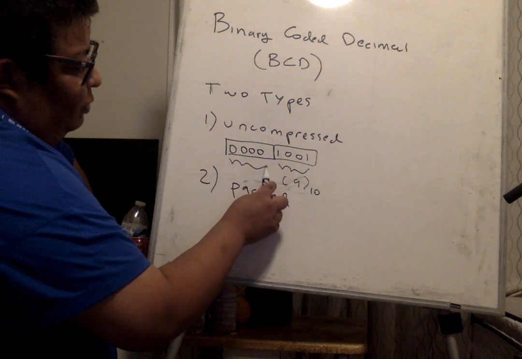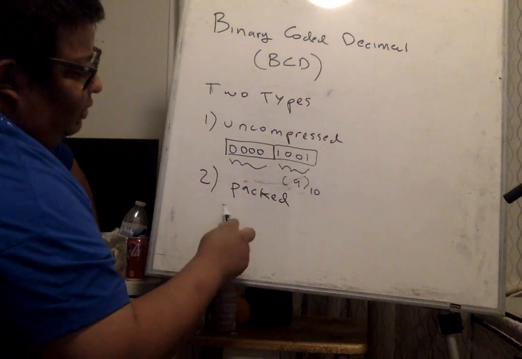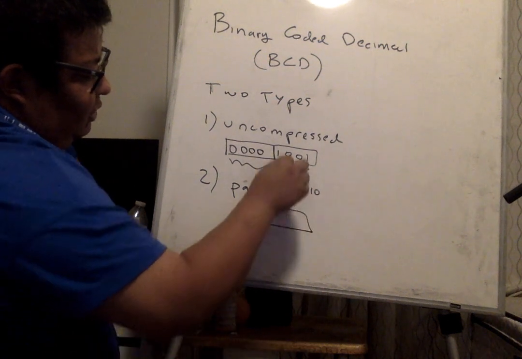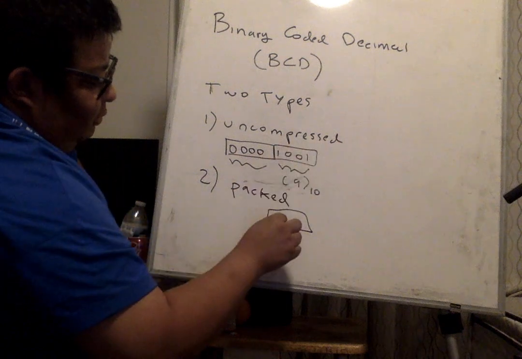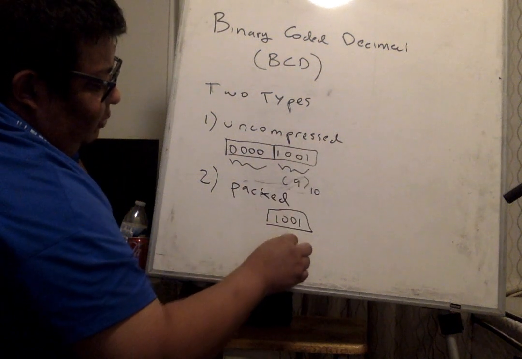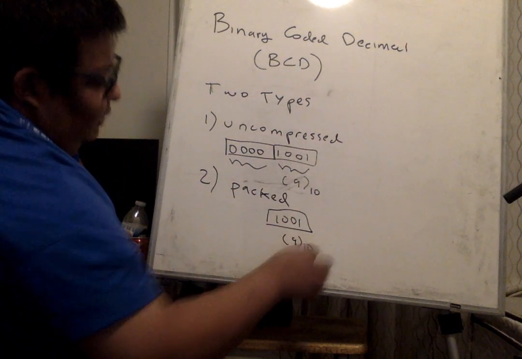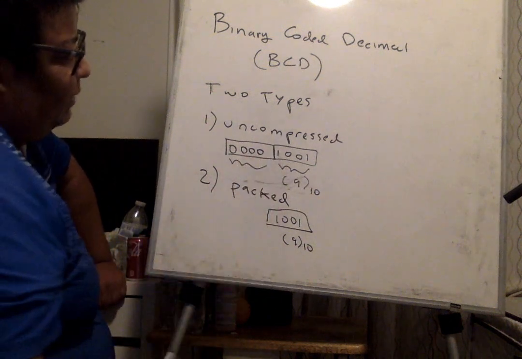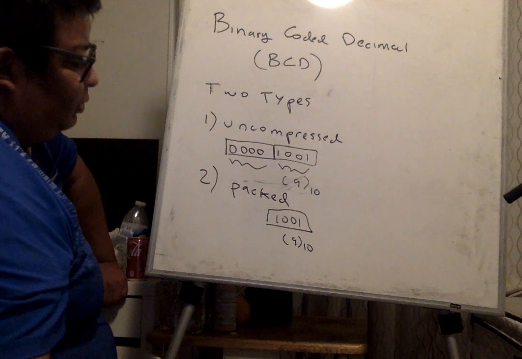That's the main difference between uncompressed and packed. Packed is only this part here: 1, 0, 0, 1. So basically, it's 9 in decimal. That's the difference between uncompressed and packed binary coded decimal.